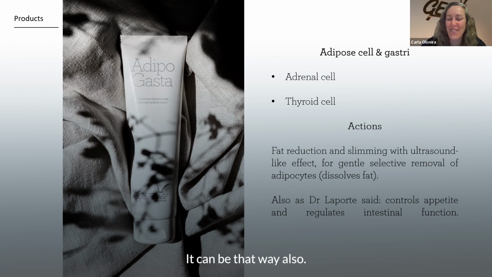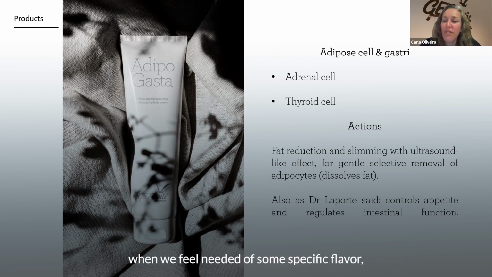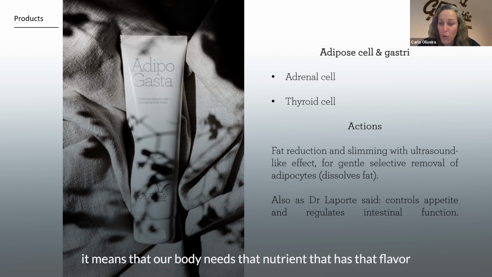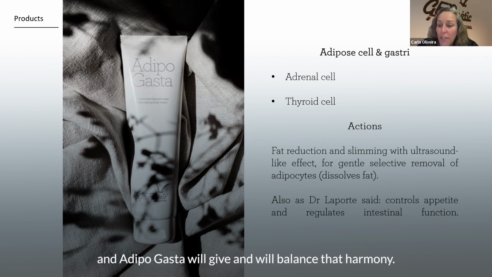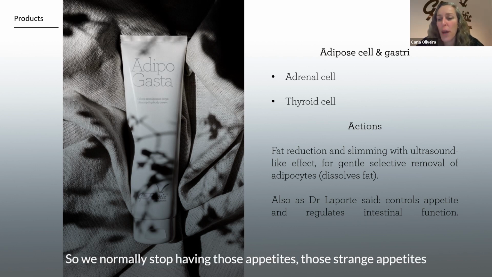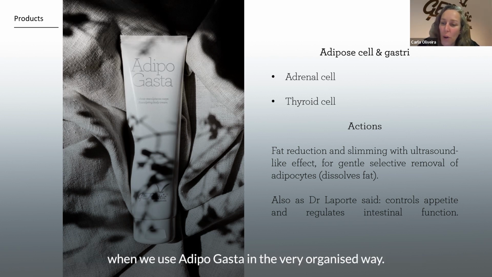It can be that way also, but mainly and normally when we feel the need of some specific flavor, it means that our body needs that nutrient that has that flavor, and it's the body communicating to us. And the Adipo Gasta will give and will balance that harmony. So we normally stop having those strange appetites when we use Adipo Gasta in a very organized way.